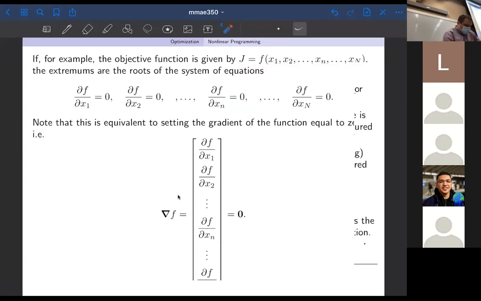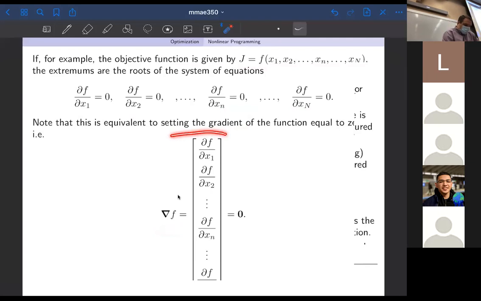In the general context, this is called the gradient of f. The gradient is, mathematically, the direction of steepest descent. It's actually the negative of the gradient, but that's the direction of the steepest descent.